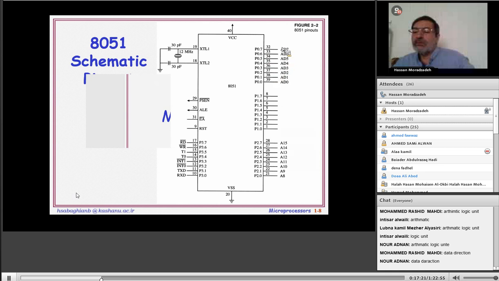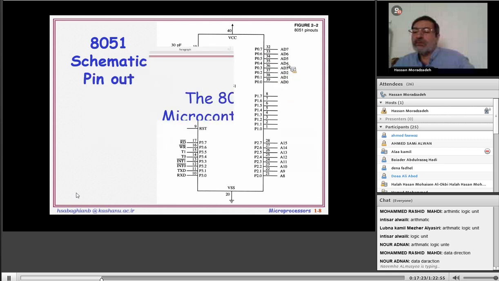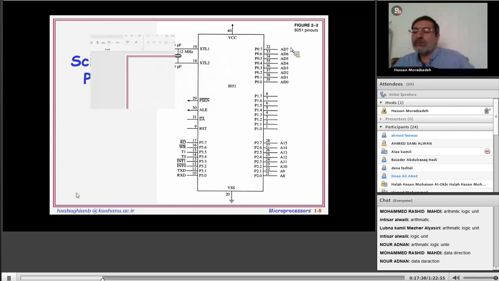Port 0, port 1, port 2, port 3. But port 1 isn't shared with any other tasks; this is only port 1. But port 0 and port 2 are shared with other tasks. Port 0 is port 0 and address bus and data bus.